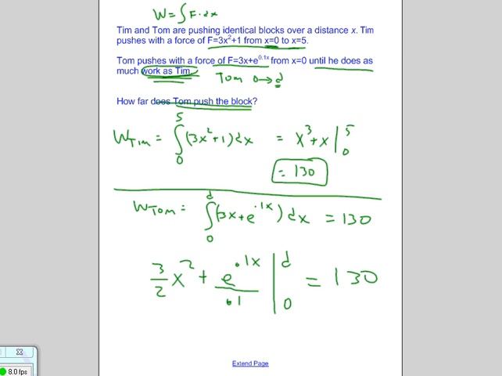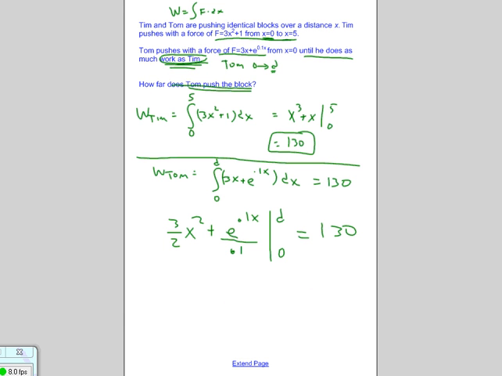Well, finishing this up, we're going to get an equation for d. Plugging in, we get 3/2 d squared plus 10 e to the 0.1d. This 10 comes from flipping that over.